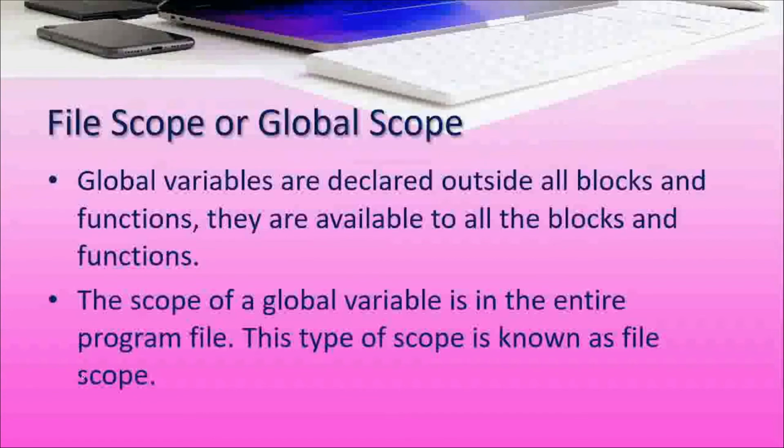They will be available for all the functions and all the blocks of code within the file. So the scope of a global variable is the entire program file. This type of scope is known as file scope, since it is available within the entire file.